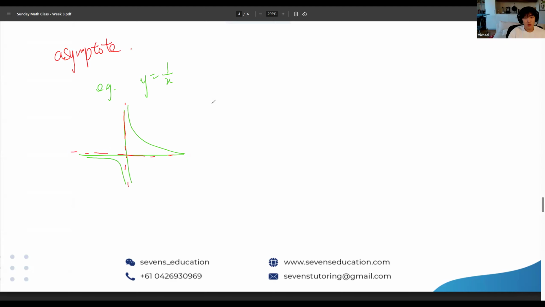Hannah, tell me what is the equation for the horizontal asymptote? So what is this line's equation? Y equals 0. Adriana, tell me the equation of this vertical asymptote. X equals 0. Yeah, correct. You know why? Because it goes past 0.